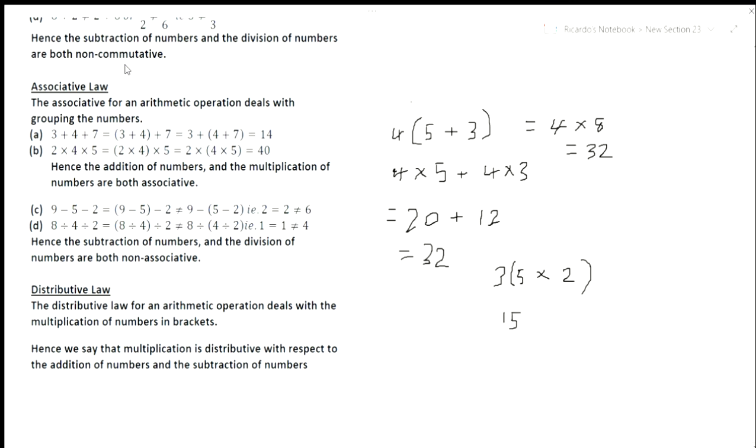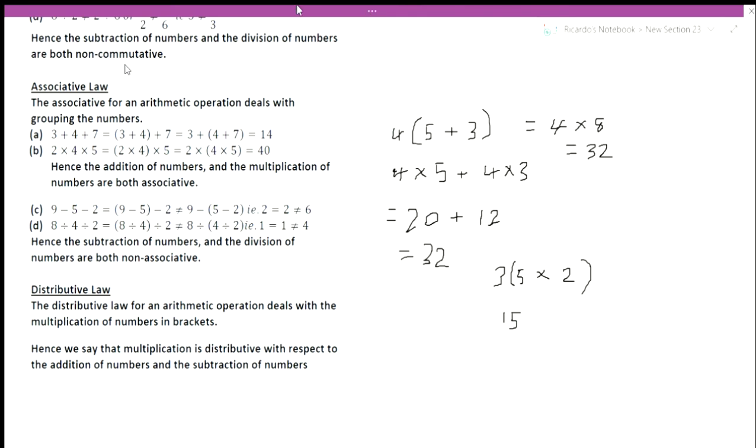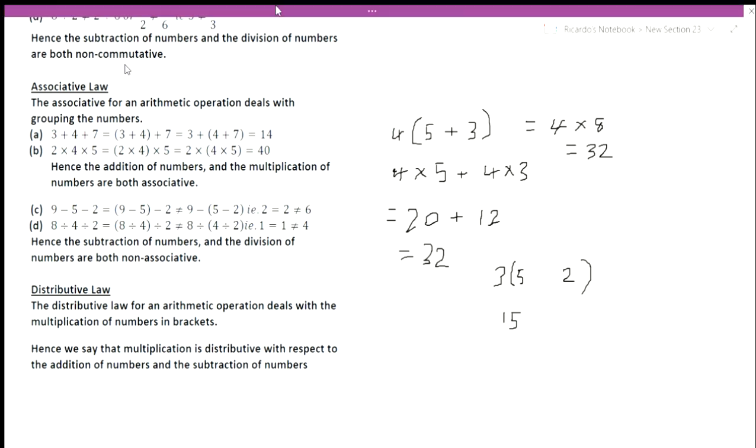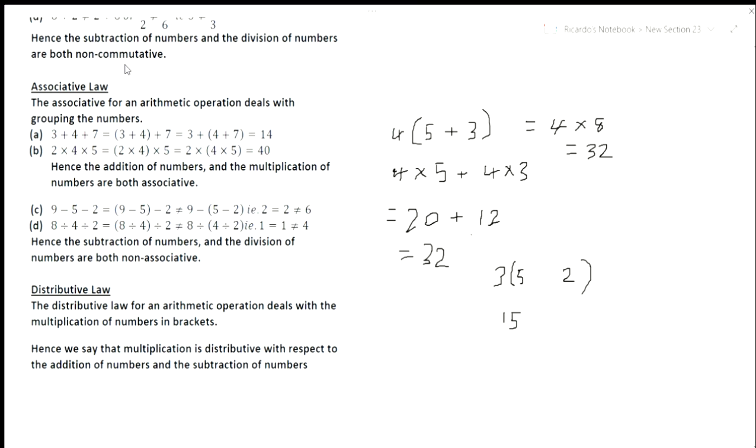Oh, I put a multiplication sign in the bracket. It should be an addition sign. Let's remove that and fix it. Okay, 3 2s is 6, so that will be plus 6. And the result would equal 21.